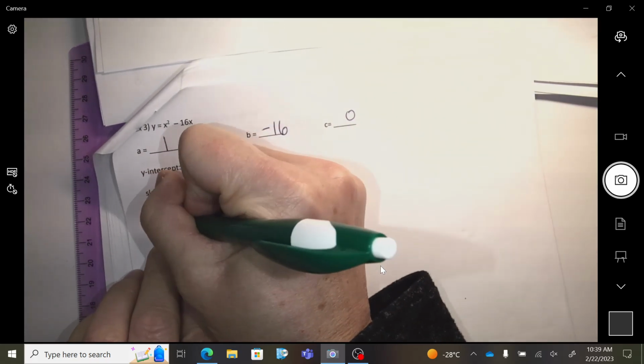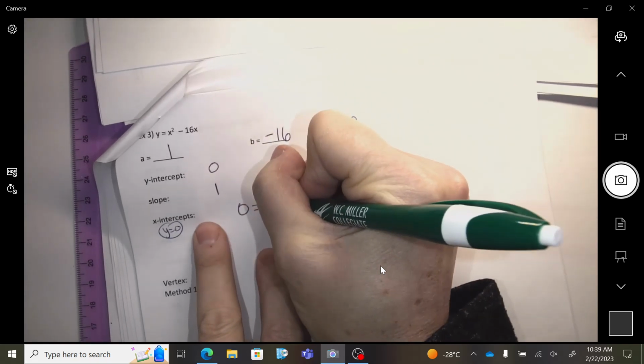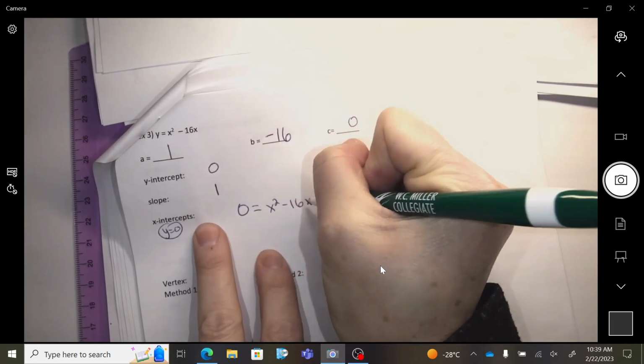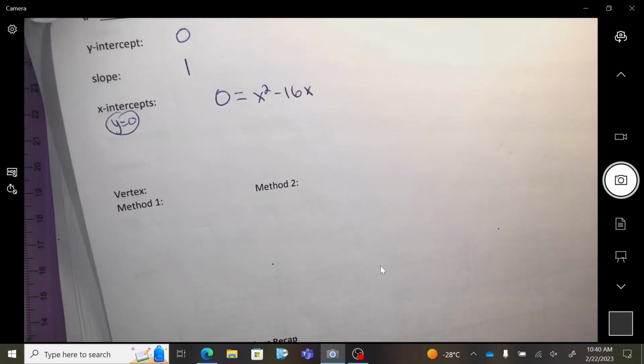Okay, so what are the x-intercepts? This is the one that's different. So if y equals 0, so we learned that we would have to factor. So which style is this?